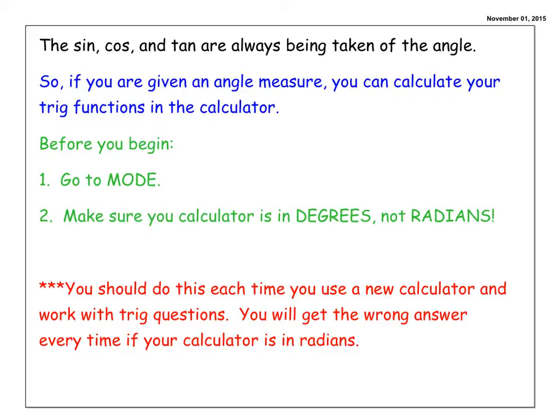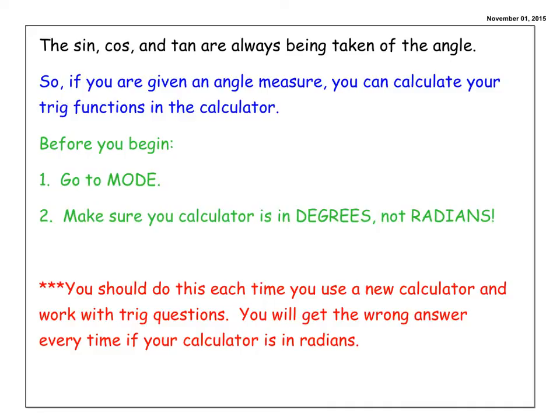Now, that being said, please remember that angles are always degree measures. So, if you are given an angle measure, you can calculate a sine, cosine, or tangent function in your calculator. Now, before you do that, you have to be careful because when you reset calculators, this goes back to the old mode, the old setting in the mode.